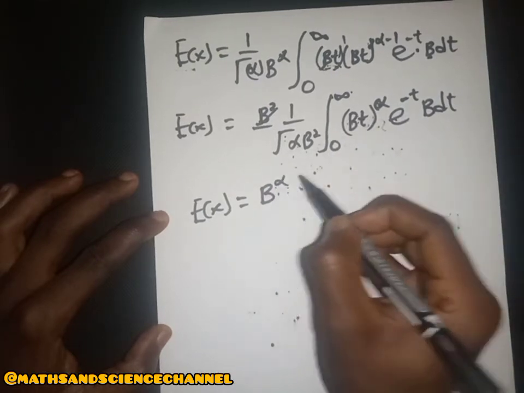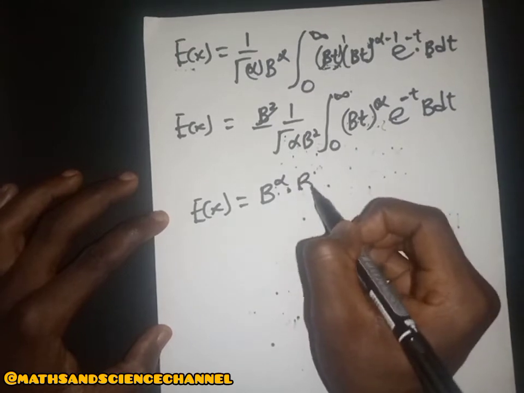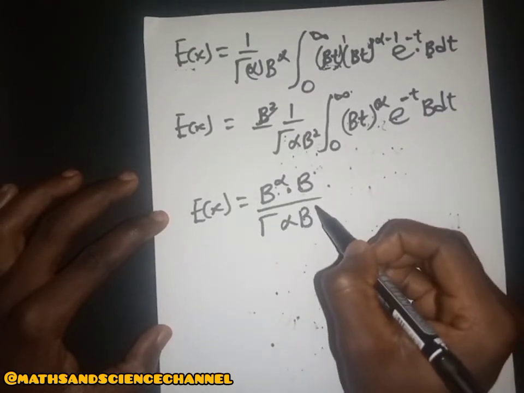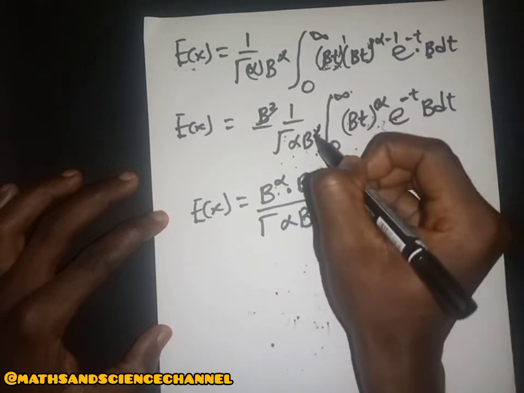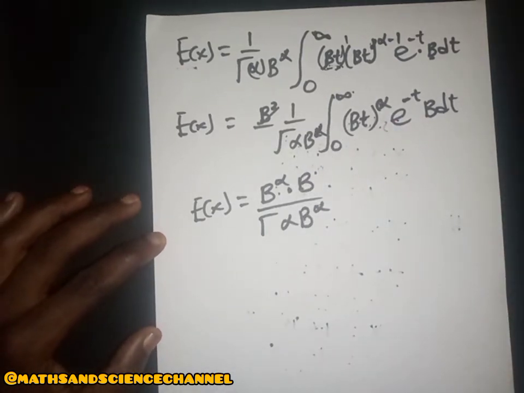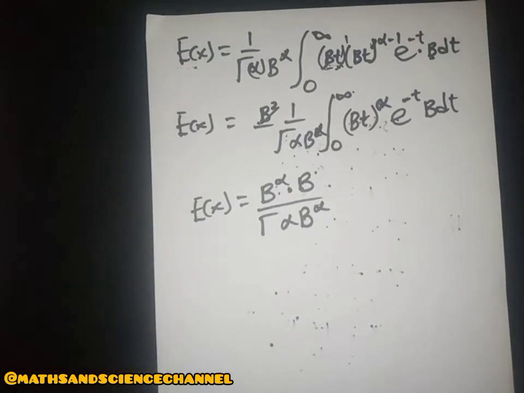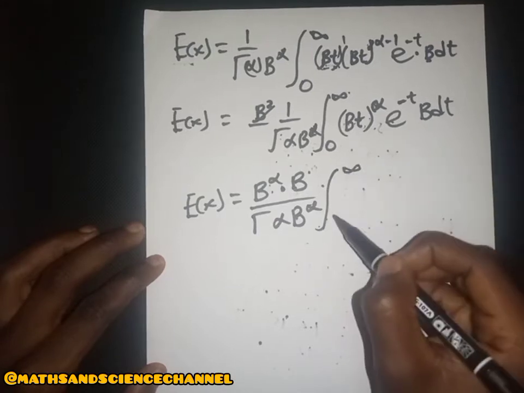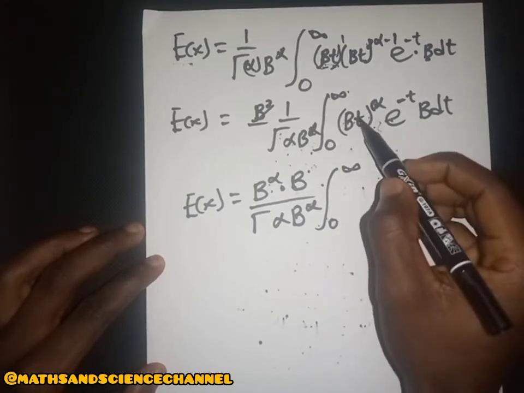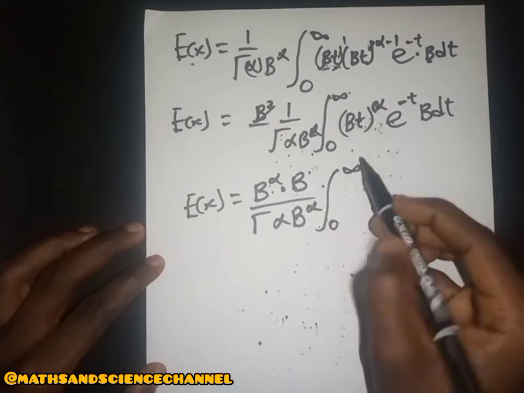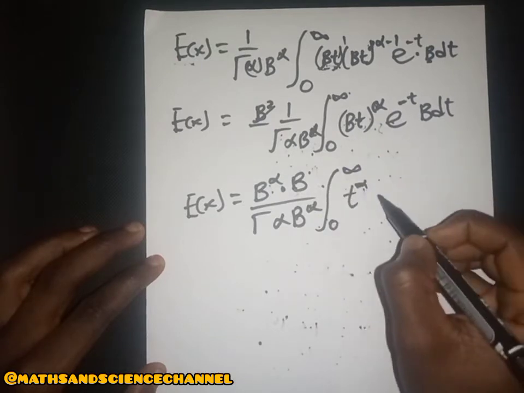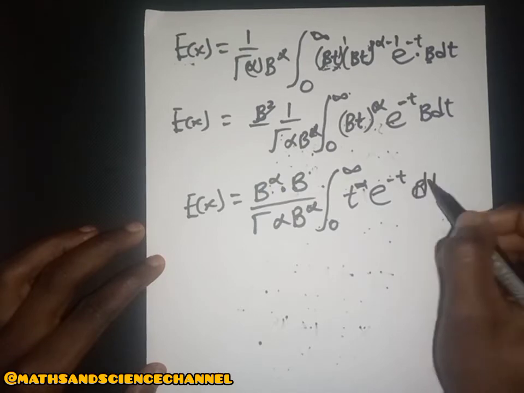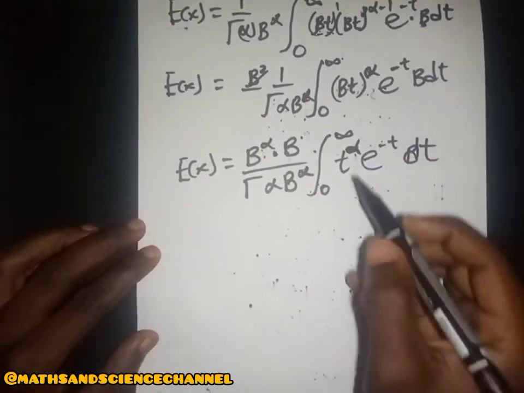So we have beta alpha, and then this beta here divided by the gamma of alpha beta, remember this is beta alpha, and then we have the integral from 0 to infinity here. We brought beta alpha out, so we are left with t to the power alpha and then e to the power minus t here, and then we have dt. So we have everything in terms of that.